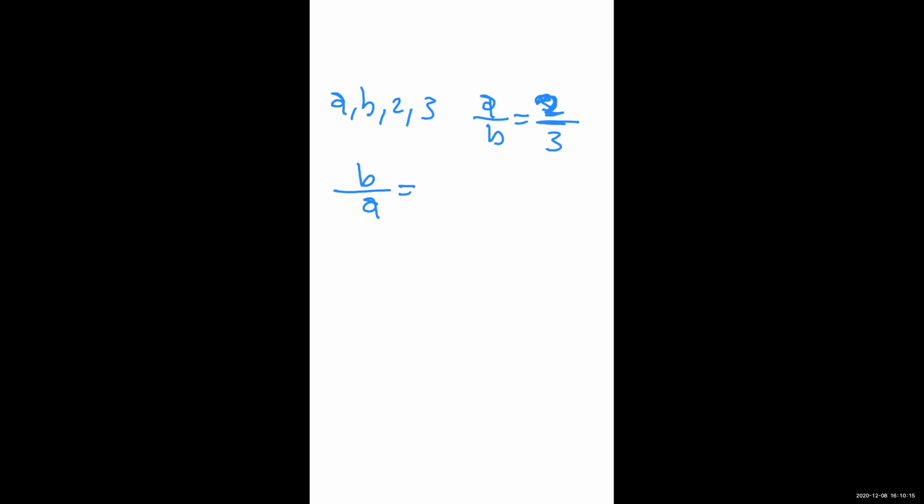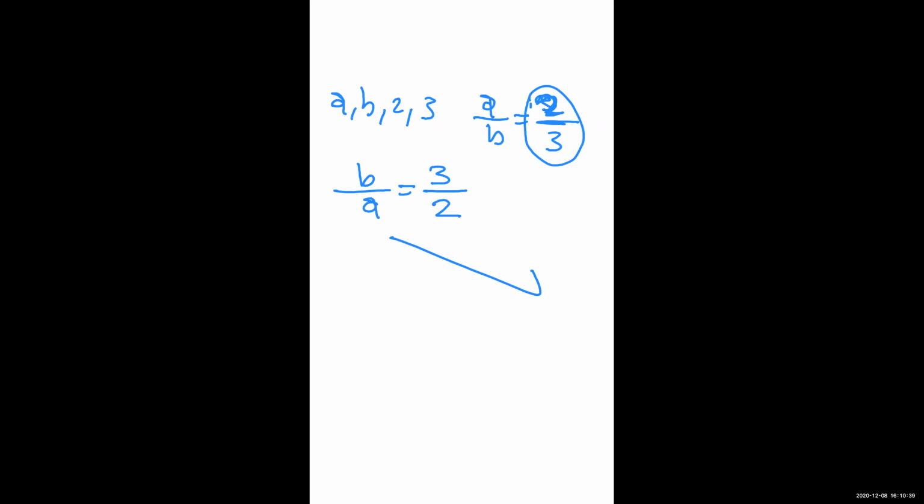Now I want B over A. So B over A will equal, of course, this one inverted: 2 over 3, so B over A is 3 over 2. Okay?